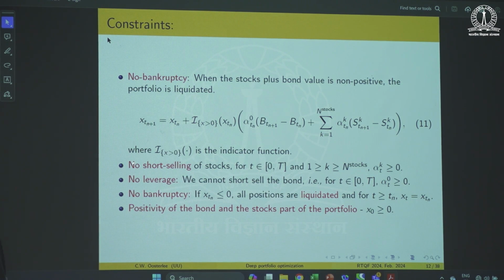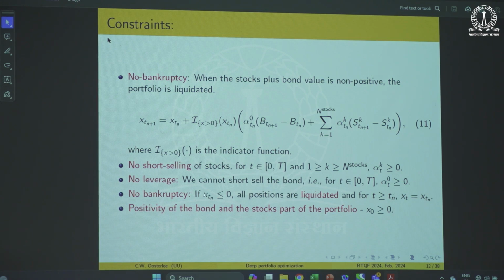Other thing, no short selling of stocks. So the alpha should be greater or equal to 0. We can relax this, but we can also put it as a constraint. No leverage. We cannot short sell the bond. So alpha 0 should be greater or equal to 0. No bankruptcy.